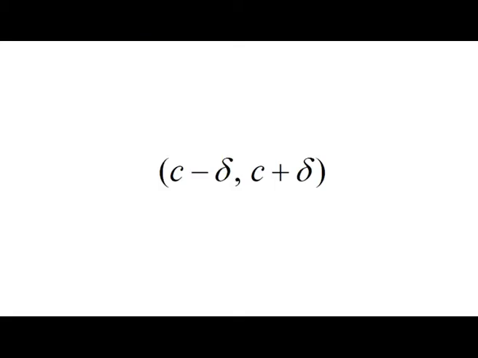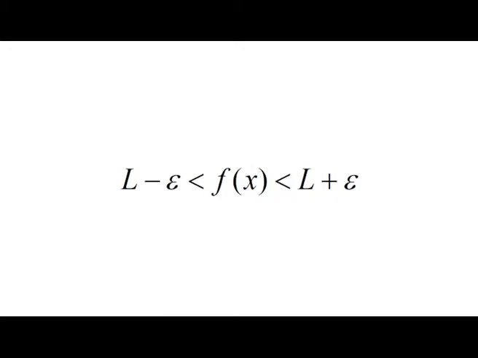However, for many purposes, it is preferable to have an interval that extends the same distance on both sides of C. For this purpose, let us choose any positive number delta that is smaller than both x1 minus C and C minus x0 and consider the open interval (C minus delta, C plus delta).